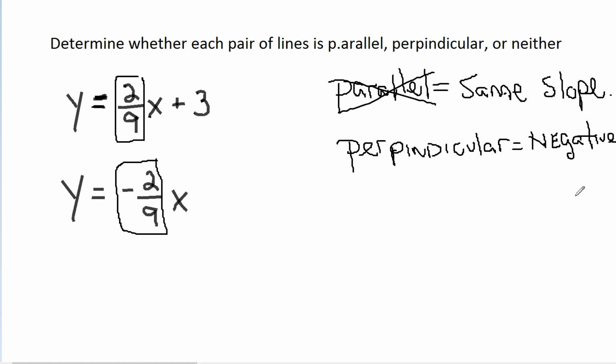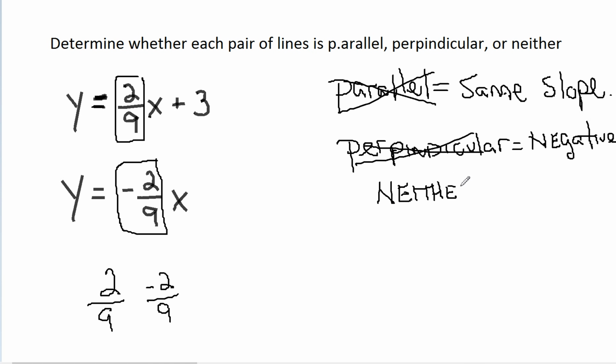Not sure about the spelling there. All right, so are they reciprocals of each other? Well, if this is 2 over 9, I'll do it side by side: 2 over 9, and this is negative 2 over 9. Well, they're not reciprocals of each other. So they're not perpendicular. Therefore, the answer to this one is neither. It does not fit any category.